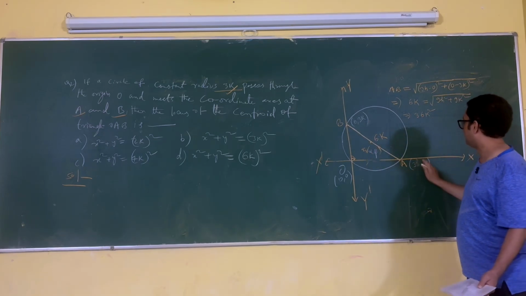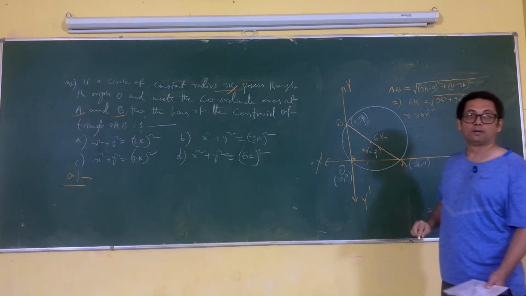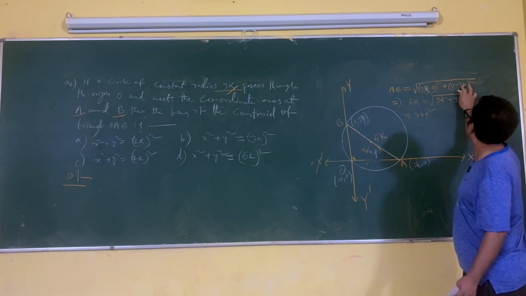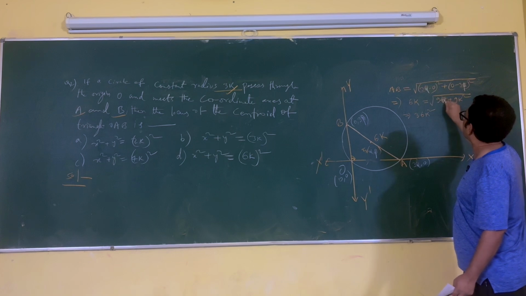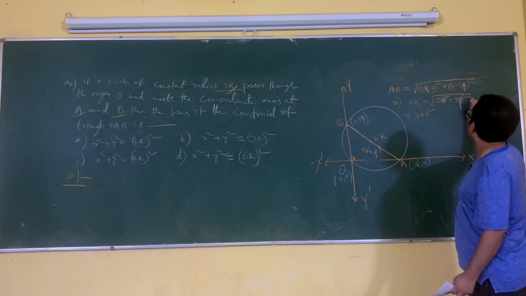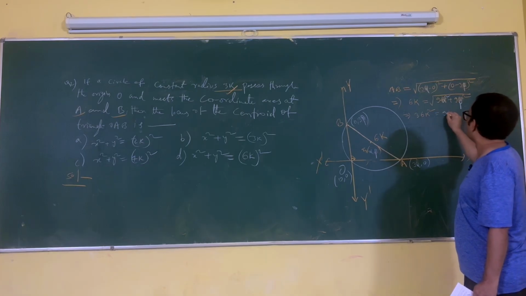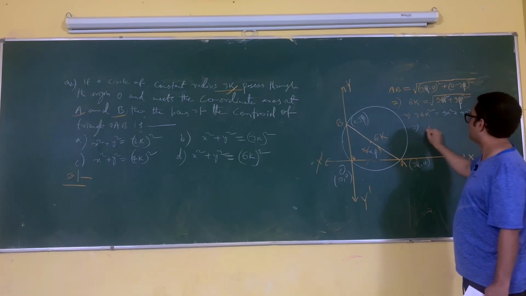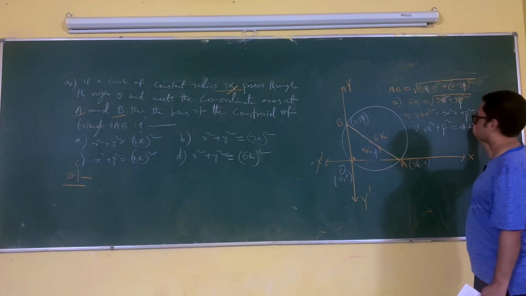So here it will be 3 alpha and here it is 3 beta, so that there will not be any confusion. So 9 alpha square plus 9 beta square. So 36k square is equal to 9 alpha square plus 9 beta square. So alpha square plus beta square is equal to 4k square.